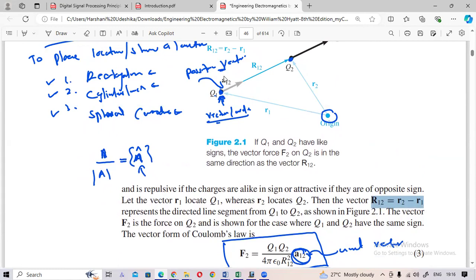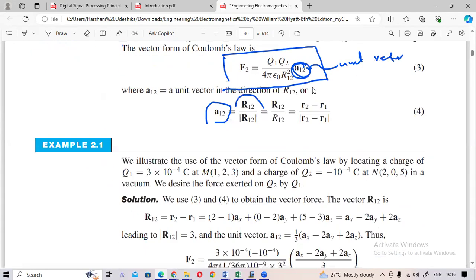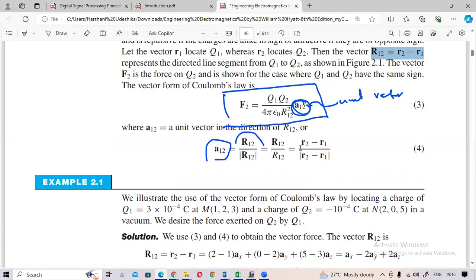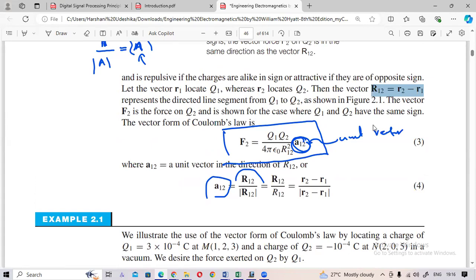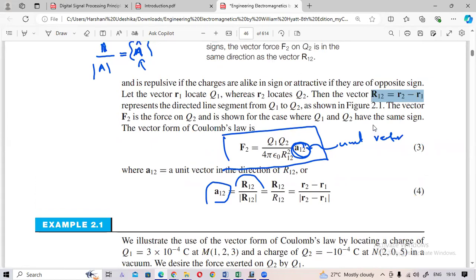so this unit vector is A12. You need to find this unit vector A12 from this vector R1 and R2. So what you need to do, as I told you, so this equation comes, same thing I told you there.